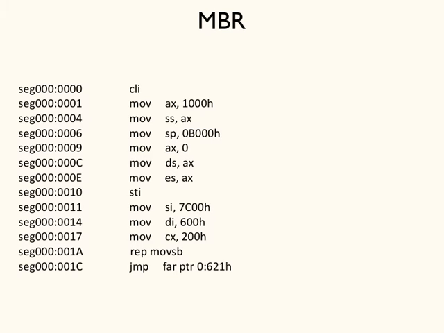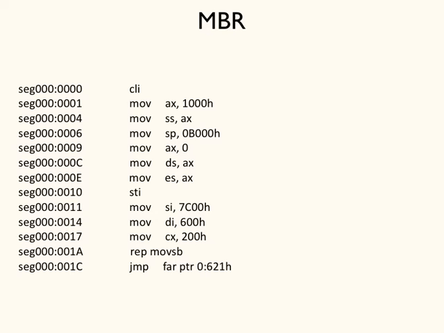Then we put this number to SI. SI is a source index, and 600 to DI, which is a destination index. Then CX is 200. What is 200? 200 in hex is 512 in decimal.